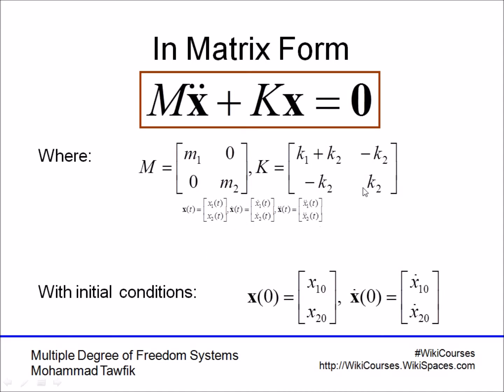Now the equation of motion here that describes the dynamics of both masses looks so much like the single degree of freedom system equation, but this is a vector equation in which x is a two-state vector, and M and K are 2 by 2 matrices.